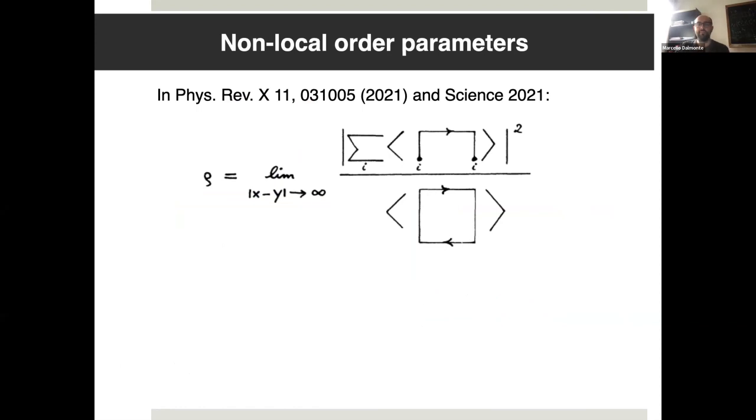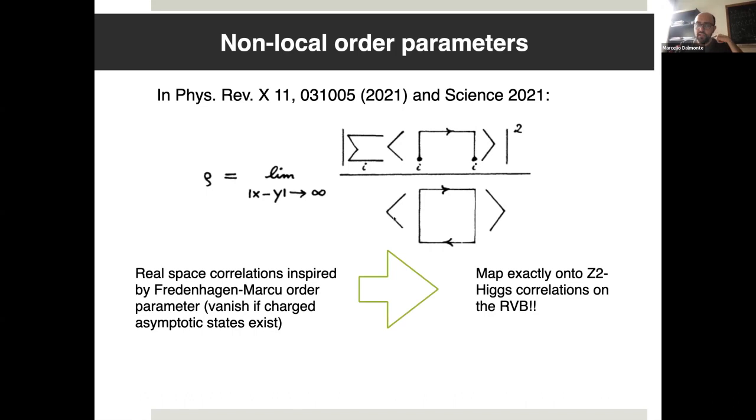This also gave us some hint for understanding better the type of order parameters that were discussed in experiments. What was discussed in the experiment was actually motivated by earlier theory work, and it is known in the literature as the Fredenhagen-Marcu order parameter. Typically it is done like this: you take two particles in your path integral, design a loop in imaginary time, and close it.